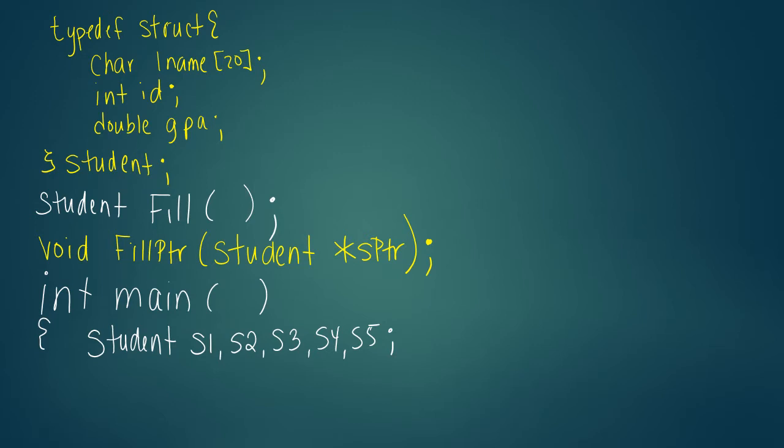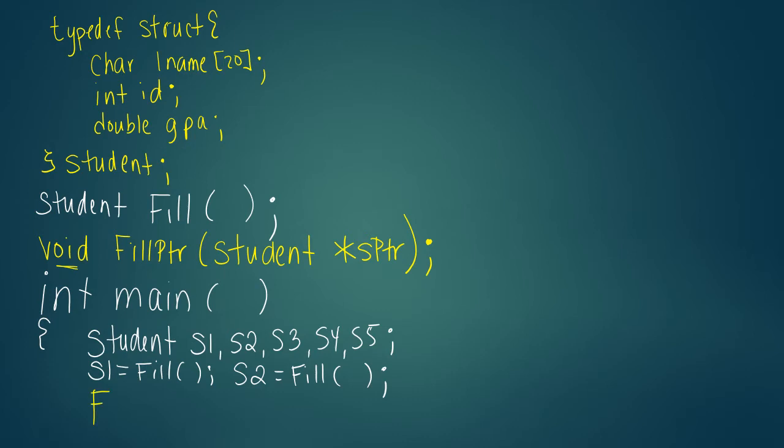So if I wanted to fill S1 by calling the fill function, I would just say S1 equals fill. I could call S2 equals fill. These functions would be called, and I'm going to put the implementation on the right in a second. Now, the fill pointer function has a void return type.